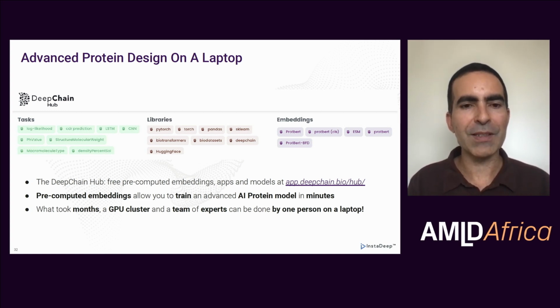So I hope I give you a sense of how disruptive this is. Think about it. By using the free and open source tools we have at deepchain.bio, at app.deepchain.bio, you can literally, in a few minutes on your laptop, do work that usually would take a team of experts, a GPU cluster, and potentially many months of work.